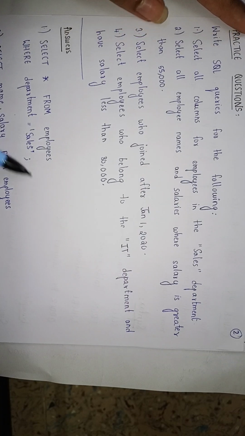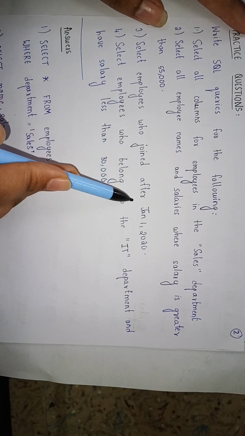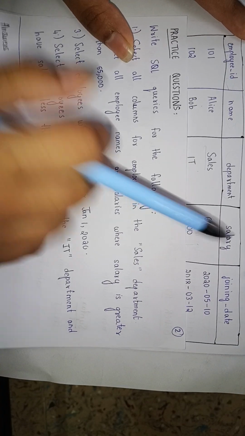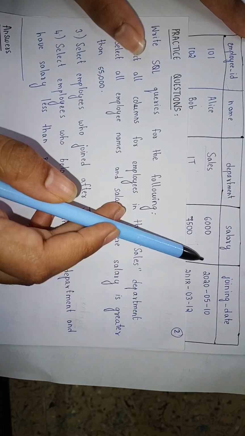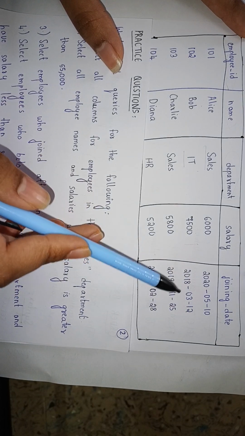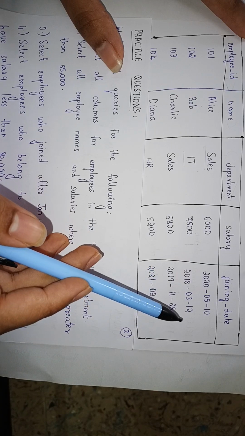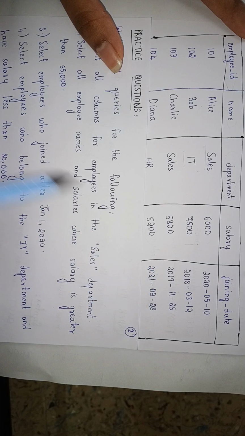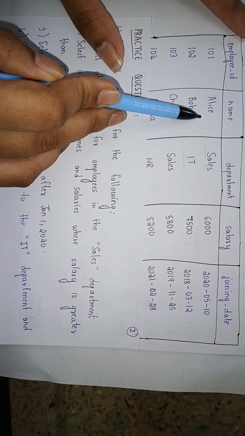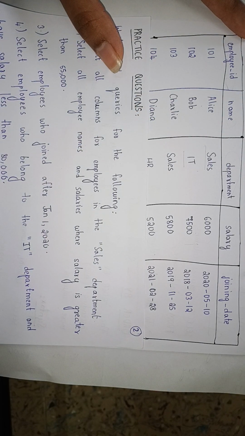Okay. Next, select employees who joined after Jan 1st, 2020. So we have something called joining date in this table. So we have to refer to that. We can select all the employees, or let us just select name this time.